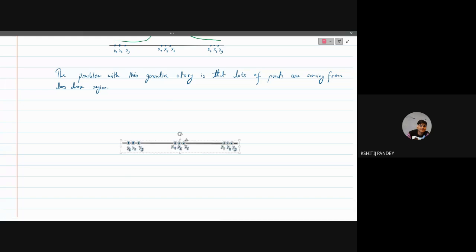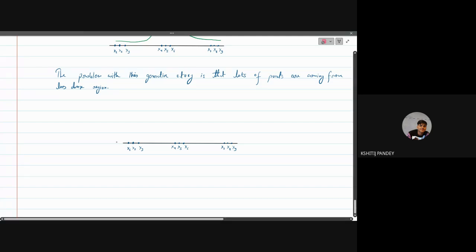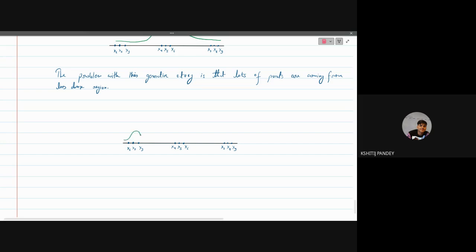And let's look at it. We want a distribution which is like this. The diagram may not be very clear, let me try to redraw it.